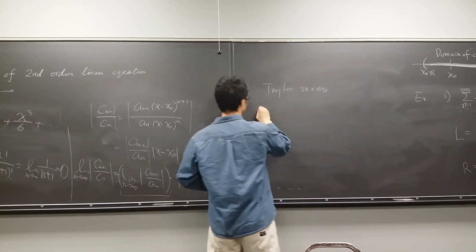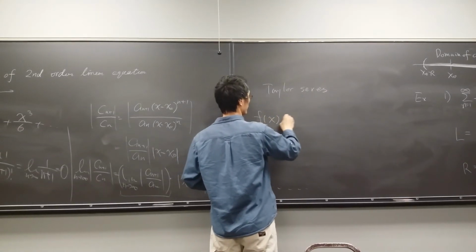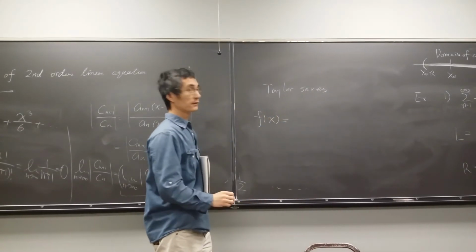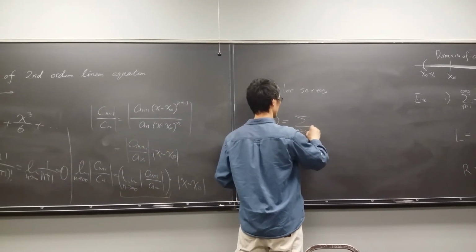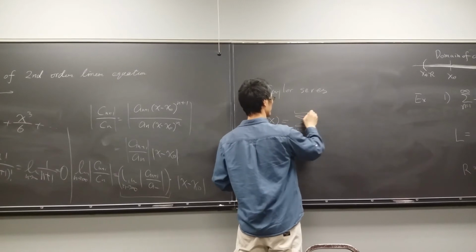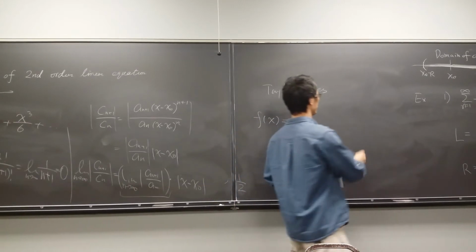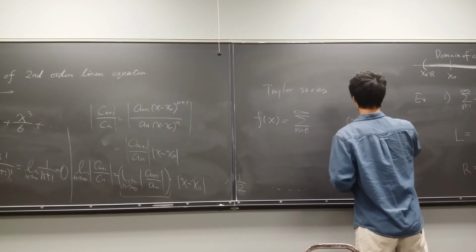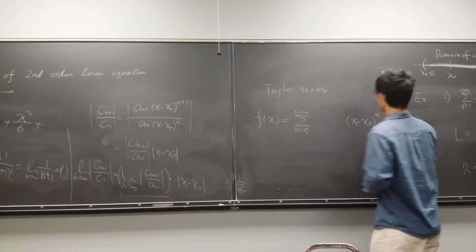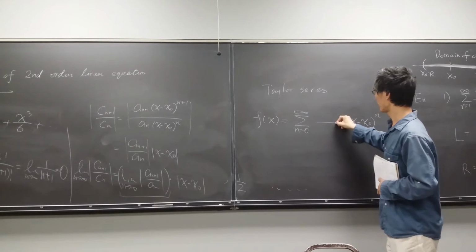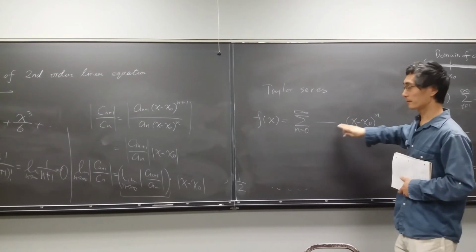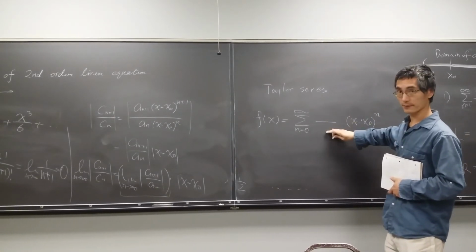And it's like this. If you know the function and you know all of the derivatives, then the Taylor series is the summation from 0 to infinity, and it will be centered at any point, so we call it x naught. If you remember from Calc 2, the coefficient of this power series is a fraction.